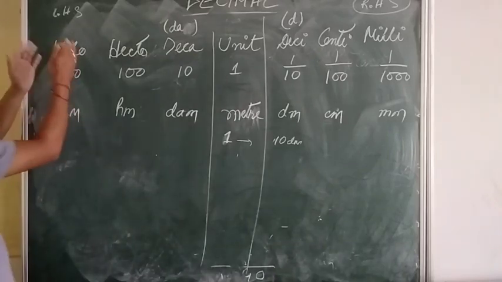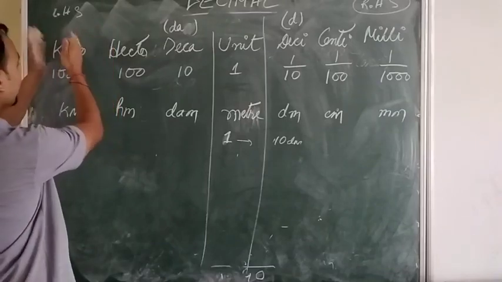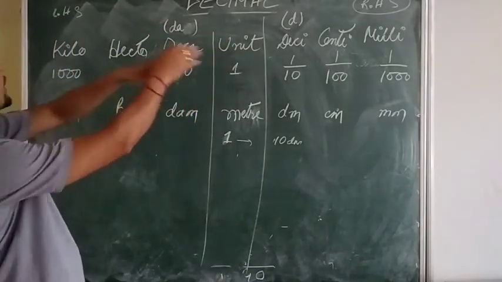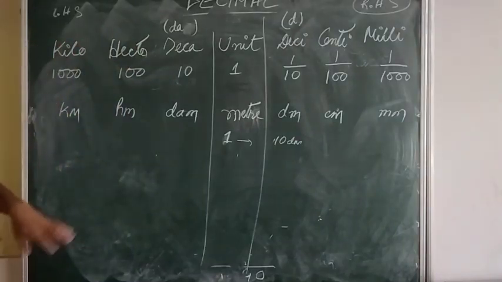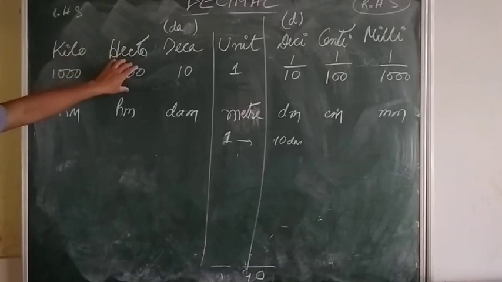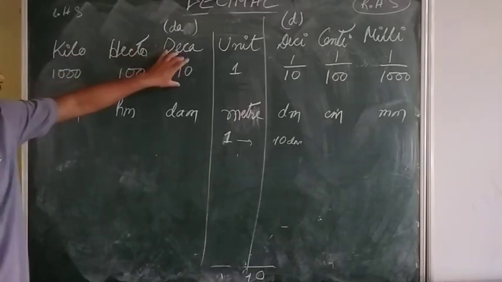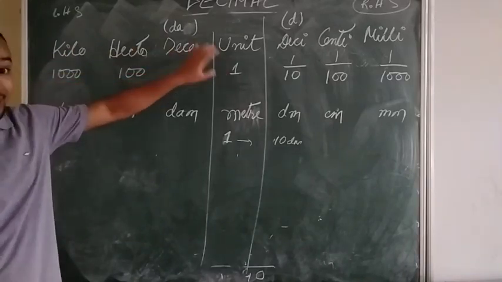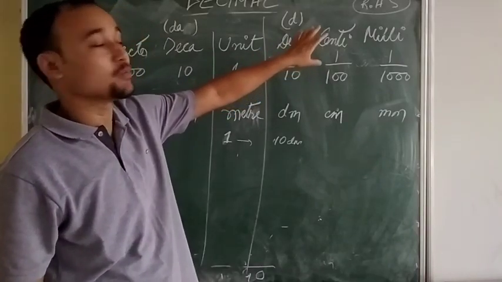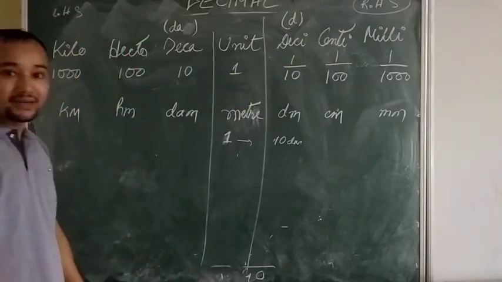All of these slots have a difference of 10. This is 1000, 10 less than that, 100, then 10, then 1, then 1 by 10, 1 by 100, 1 by 1000. It is very nicely made.